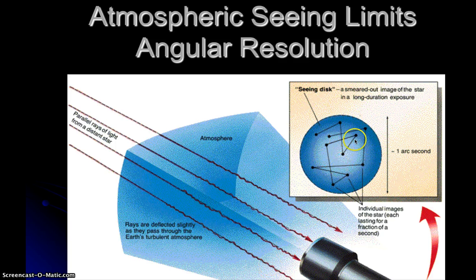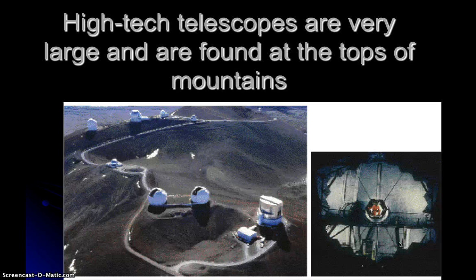Typically, the amount is going to be about 1 arc second, and we call this the seeing caused by the atmosphere. So this is going to be added to the resolution of our telescope no matter what. But that is actually why we like to build telescopes up on the top of the mountains, because if you put it up on top of the mountains, you're not dealing with as much atmosphere.